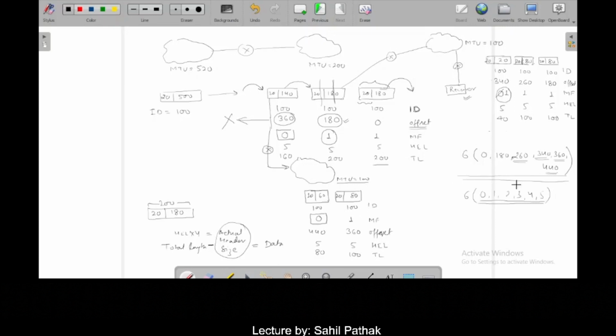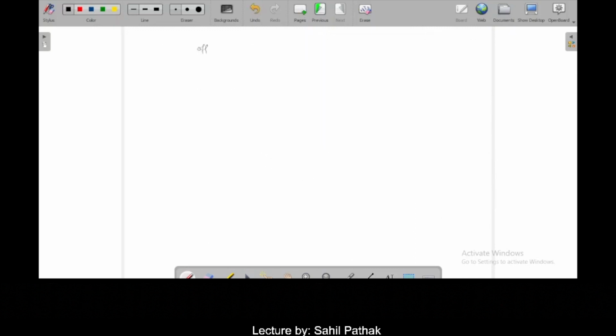Now my question is, is this sufficient? Is our solution final up to here, or is there anything left? So there is something left over here, which is that you must note here that the offset field is a 13-bit field, and that means the maximum value that it can have is 2 raised to power 13 minus 1.